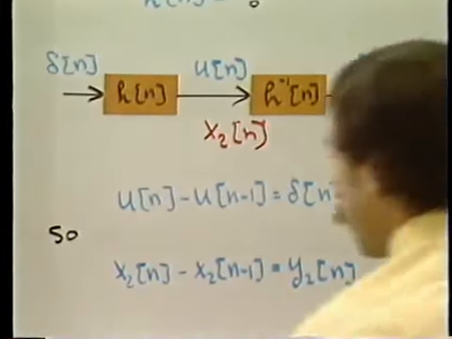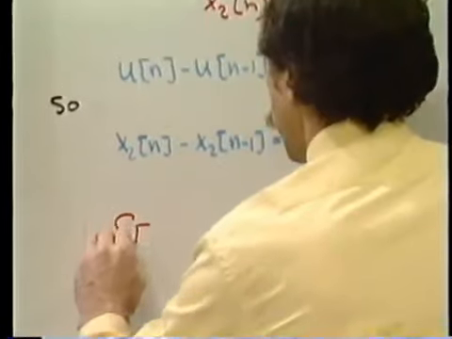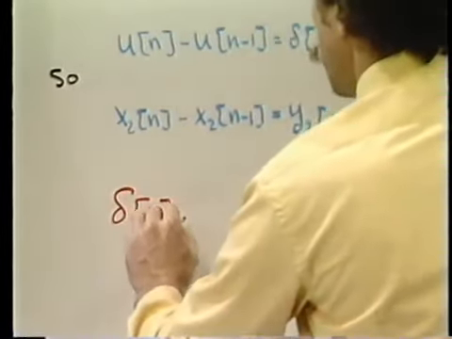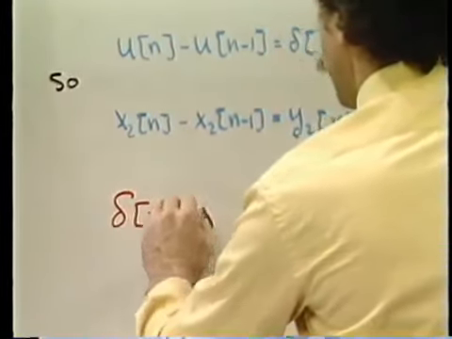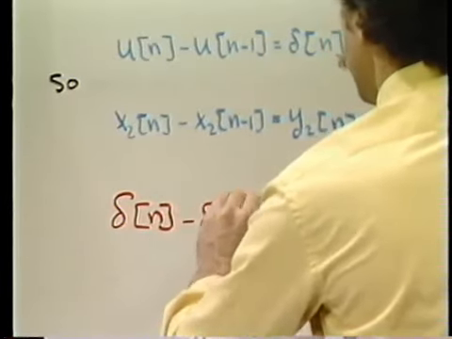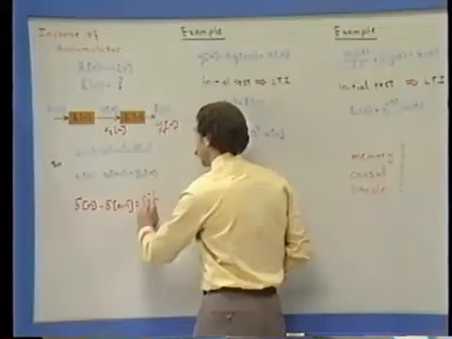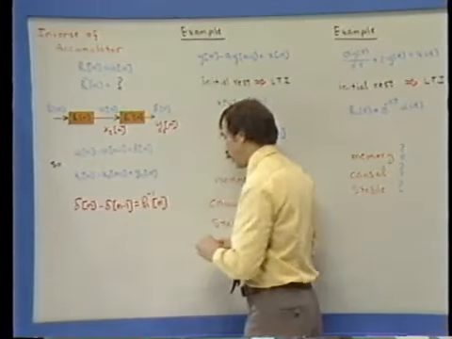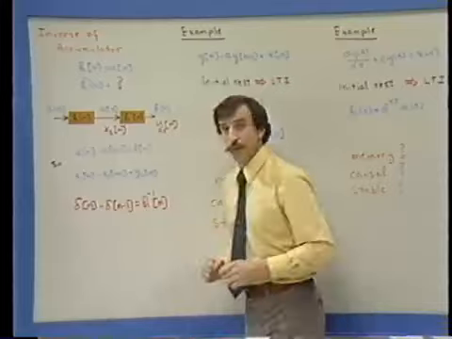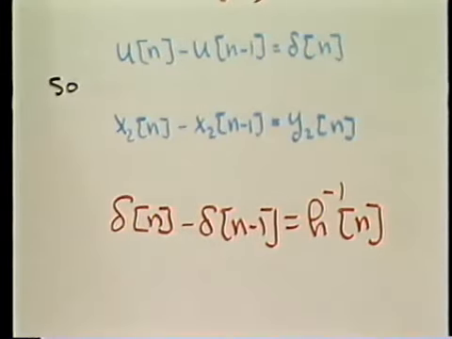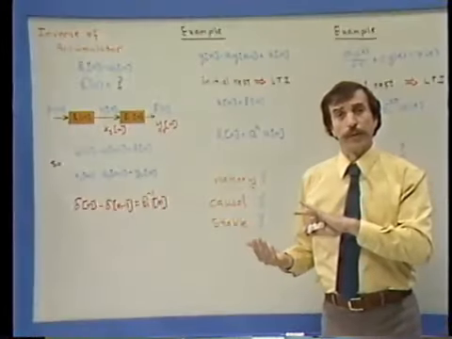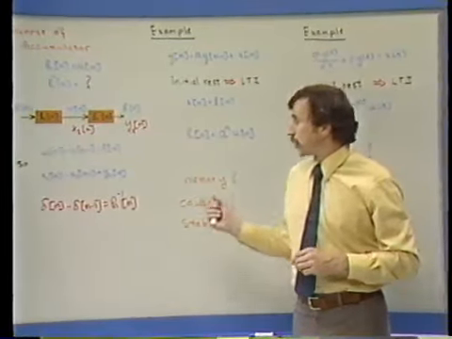And what develops in a straightforward way then is delta of n, which is our impulse input, minus delta of n minus 1, is equal to the impulse response of the inverse system. So I'll write that as h inverse of n. Now, we have then that the accumulator has an inverse, and this is the inverse.